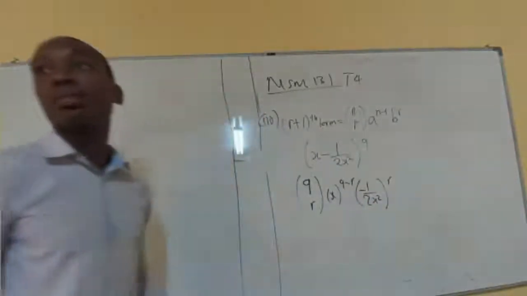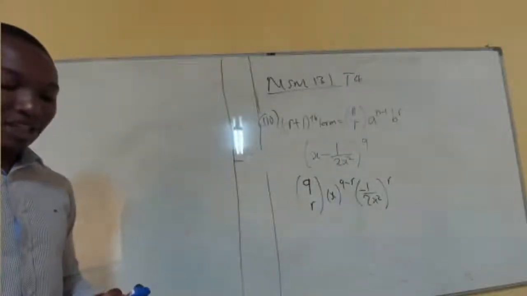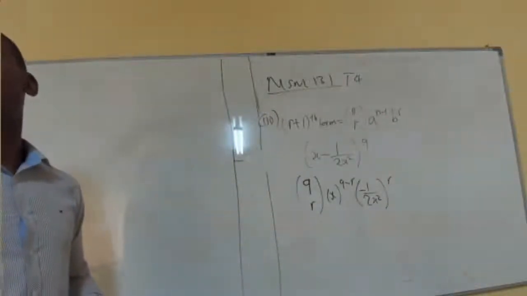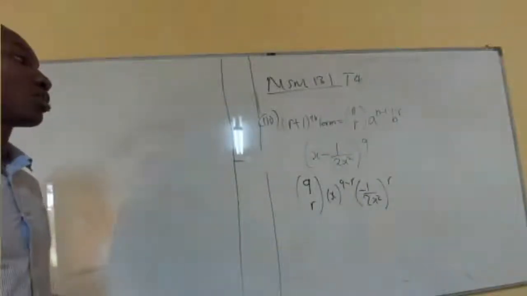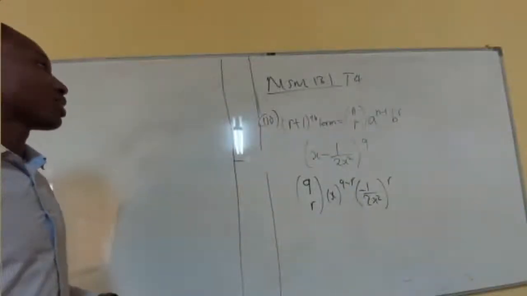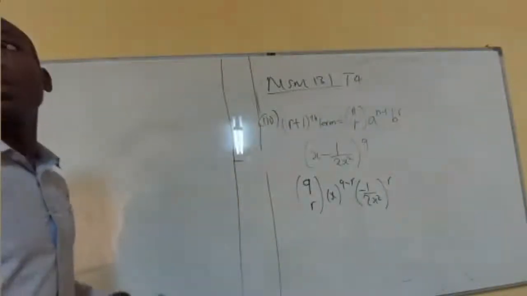So I've just replaced a, b, n, but we don't know what r is. Remember, we're looking for the term independent of x, so we don't end there.